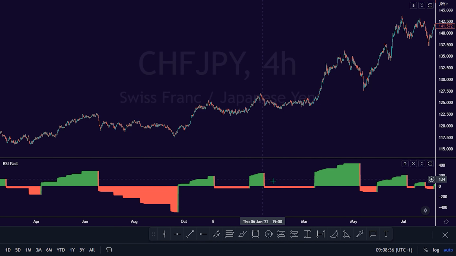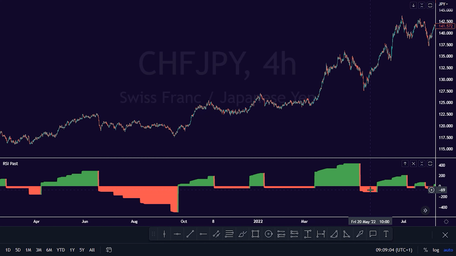To buy with this trading indicator, first, watch out for a trending bullish market. The RSI Past indicator will show a larger green shaded area at the top overbought region of the indicator's scale. Step 2. Patiently wait for the indicator to cross below the zero scale line and turn red.